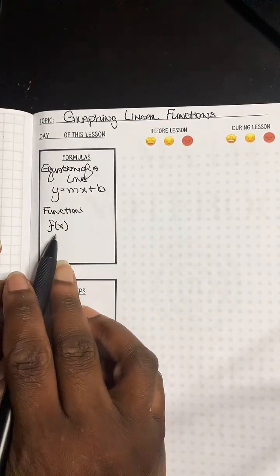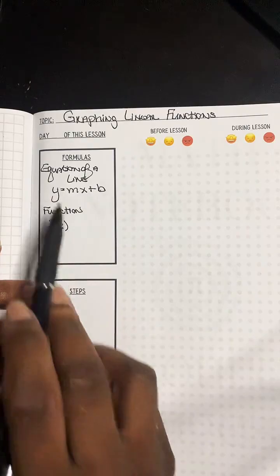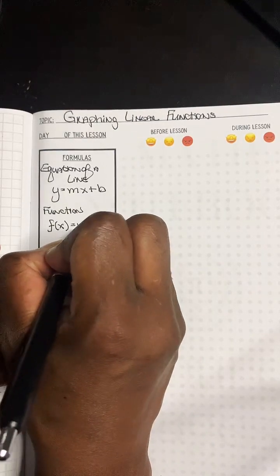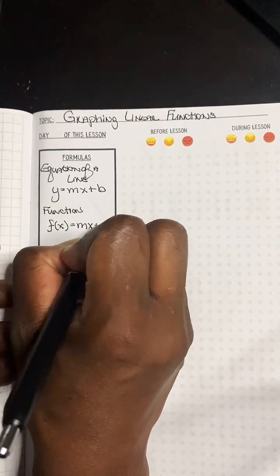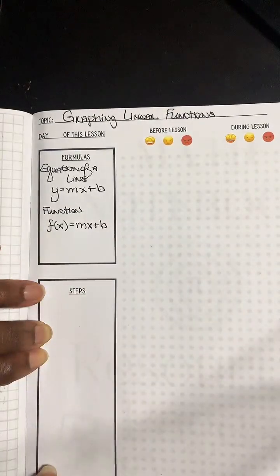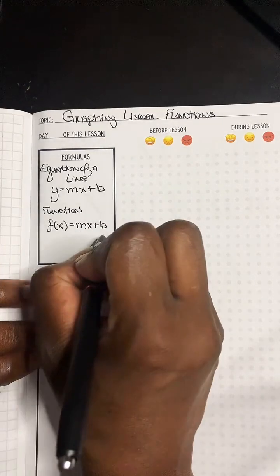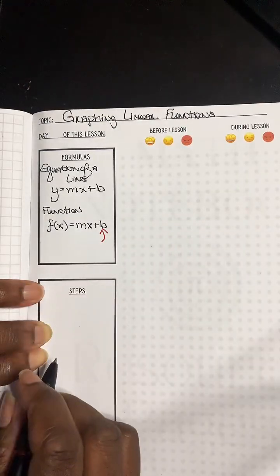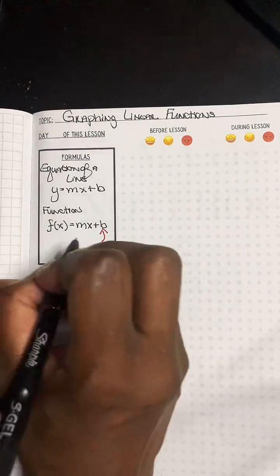Okay, f of x means a function of x, and that's basically what the y does. Not a whole lot is changing. The only thing that I think gets a lot of people is where to start when it comes to graphing.